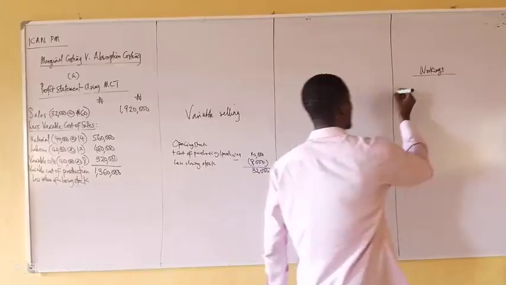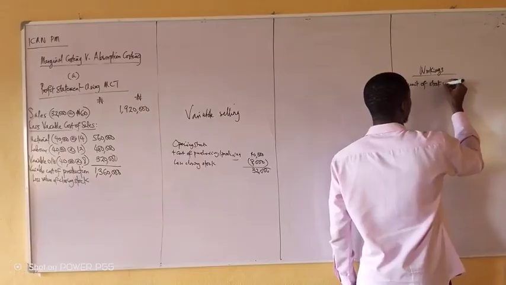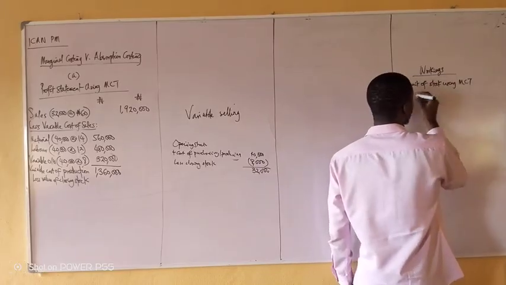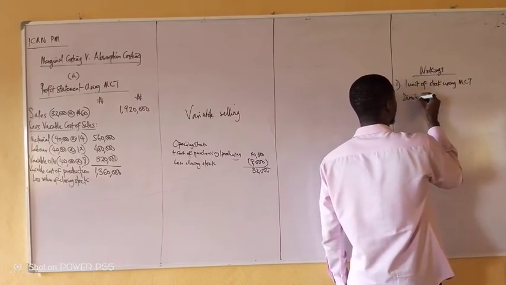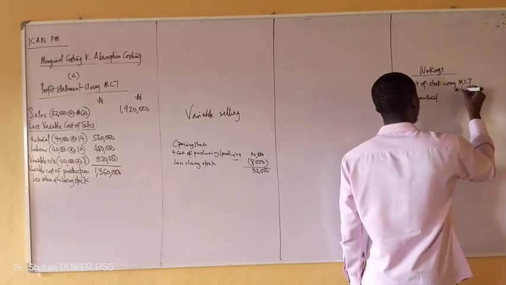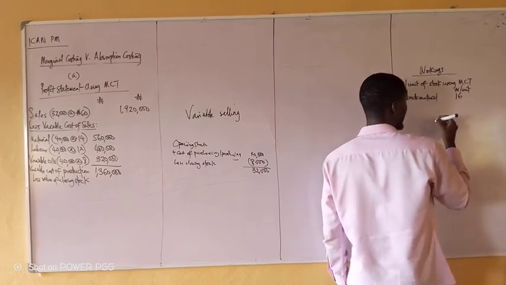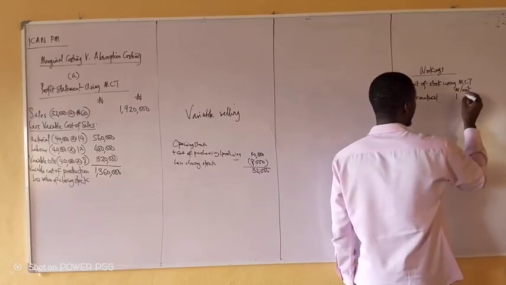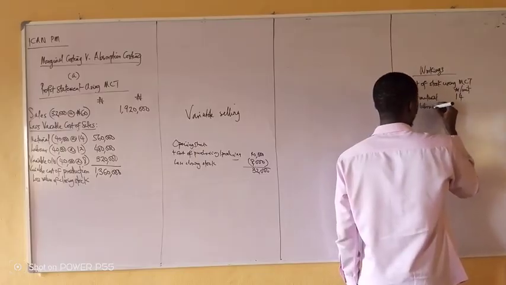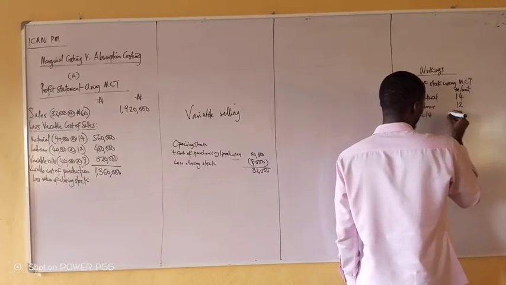So 1 unit of stock: direct material is 14 naira per unit, then direct labor 12, and variable overhead 8.